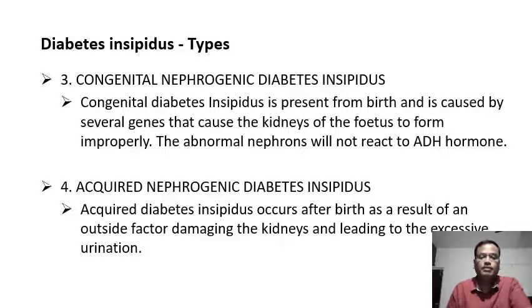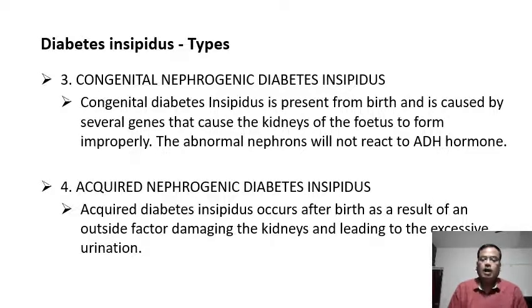Acquired diabetes insipidus occurs after birth as a result of an outside factor damaging the kidney and leading to excessive urination. Here, the pituitary is functioning normally, ADH is produced in the correct quantity, and the kidney is perfectly normal, doing its function correctly in the beginning.